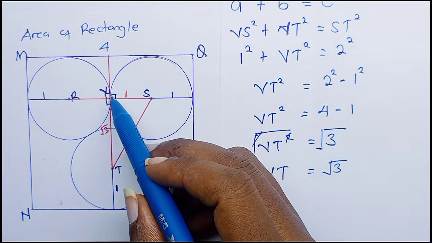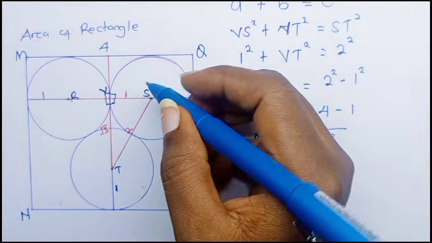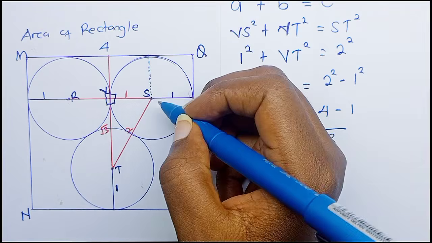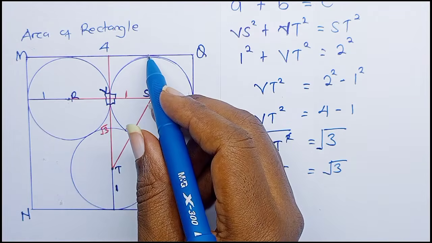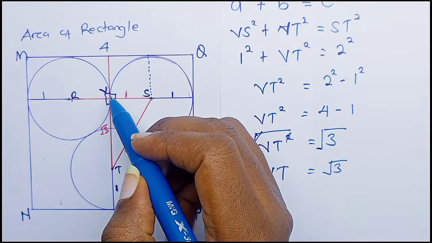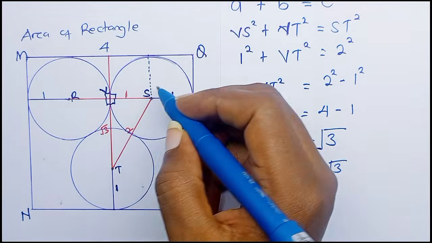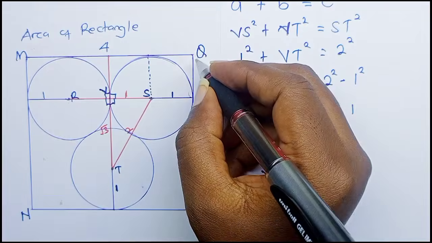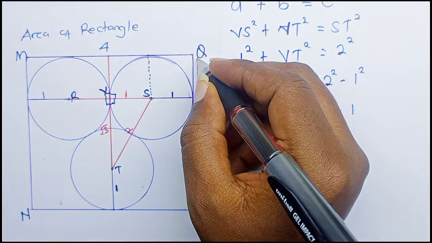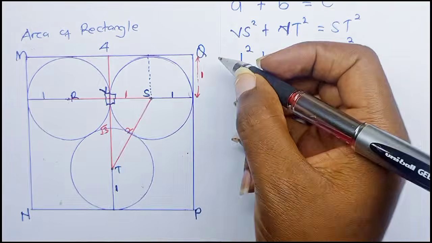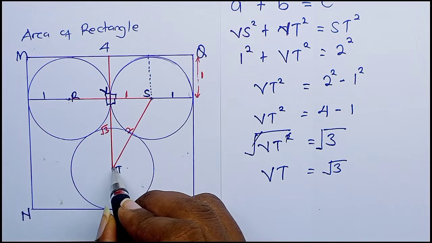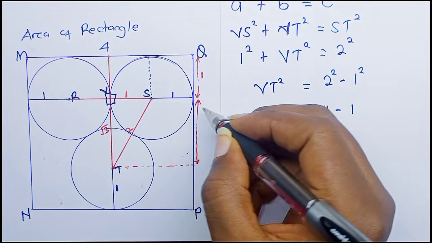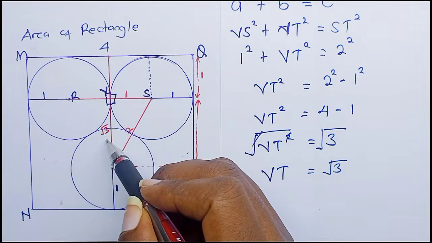Now, as you can see, from here to here, if we draw an imaginary line here, this would be radius. And also, this line would be equal to this line. That implies that this line is radius, so it's also equal to from here. So from this point to this point is equal to radius, which is 1. Then from here to this point is equal to VT, which we've got as root 3.